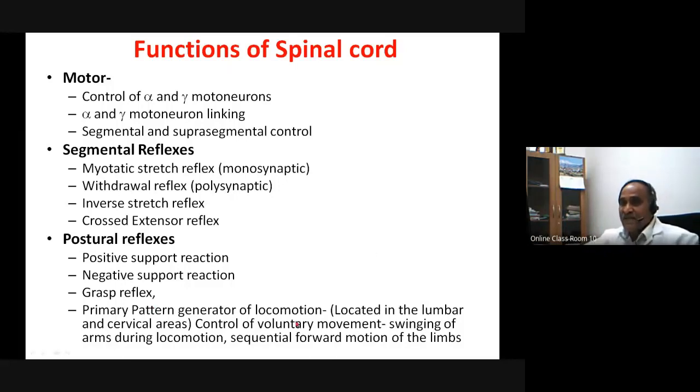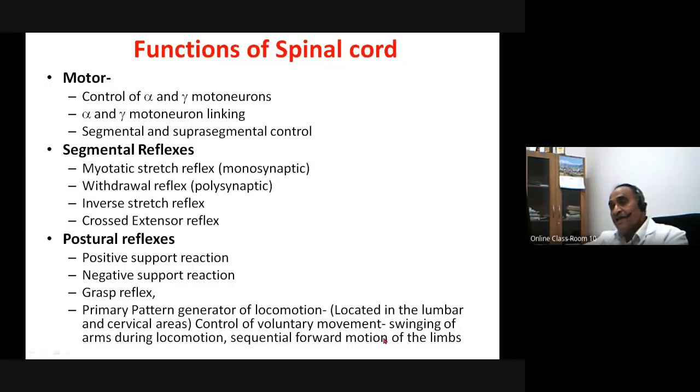So this is a pattern generator. That means a group of neurons which are activated in sets, so that there would be a forward movement, especially the forward motion of one limb.